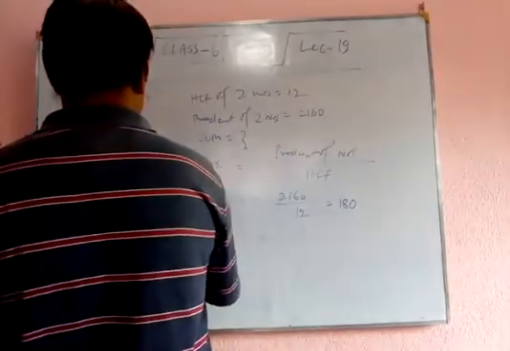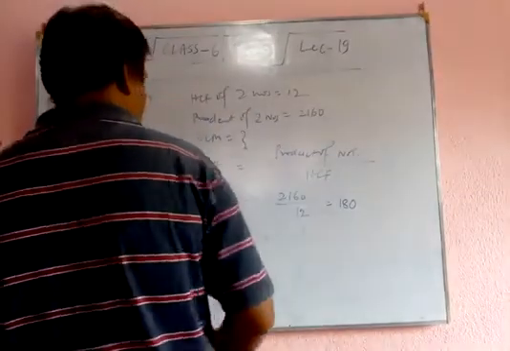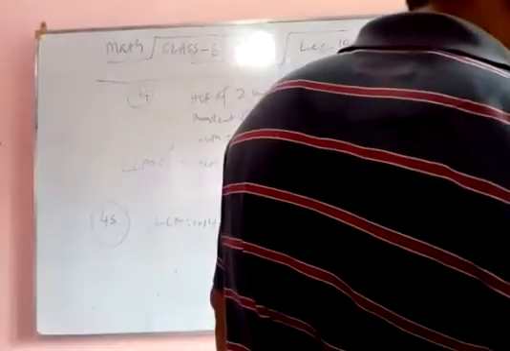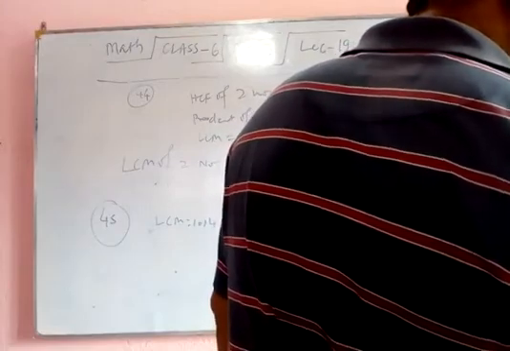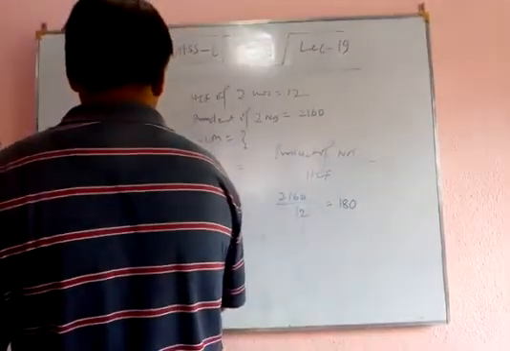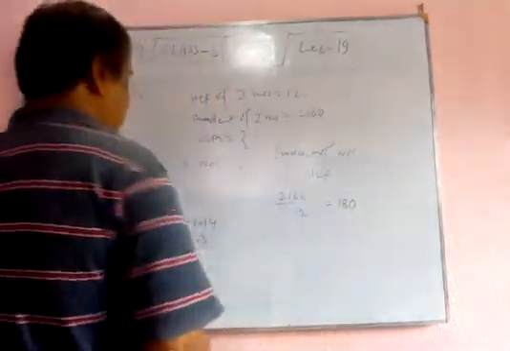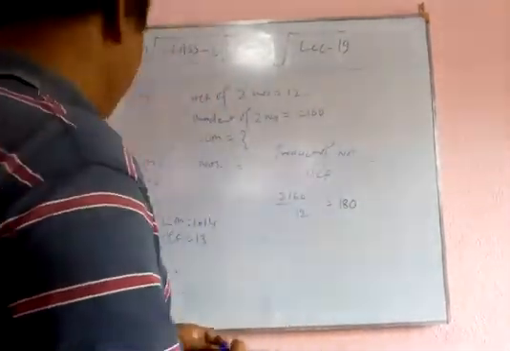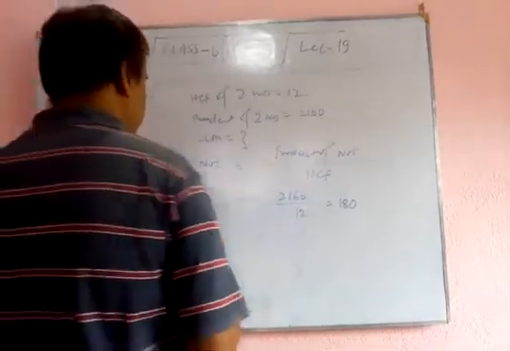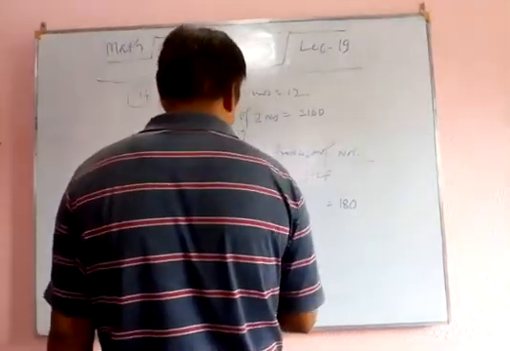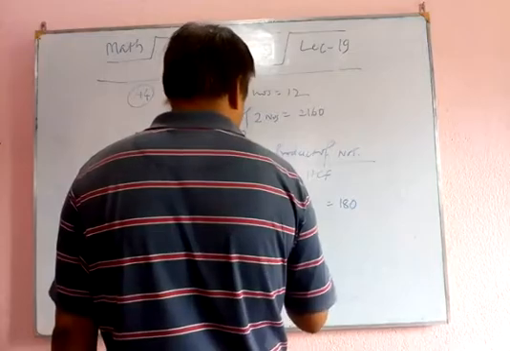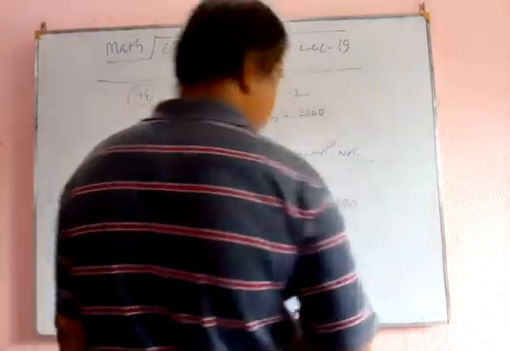LCM is 1014 and the HCF is 13. So as we know that HCF is a factor of LCM, so after dividing by 13, the remainder should be 0. So let us try.